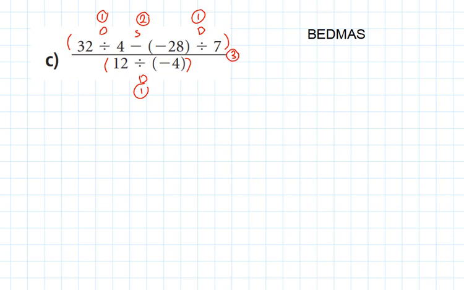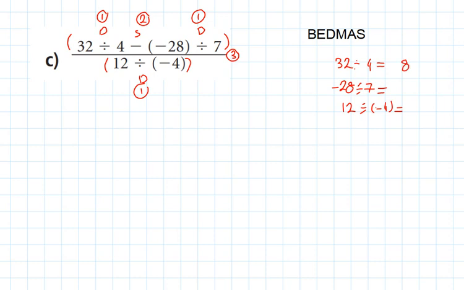So the first step, I'm going to say 32 divided by 4. I have the negative 28 divided by 7. And on the bottom I have 12 divided by negative 4. 32 divided by 4 would be 8.